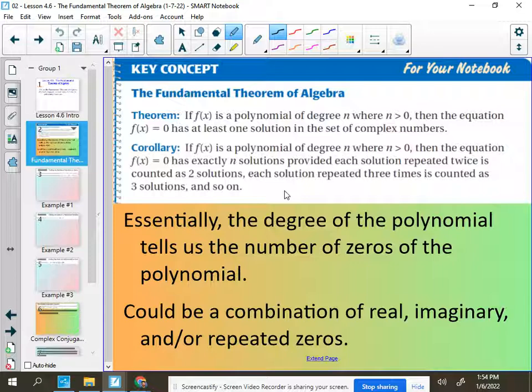It's a kind of fancy name, like I joked about, the fundamental theorem of algebra. It's not overly complicated when you boil it down like that. A couple of caveats: that does include repeated zeros.